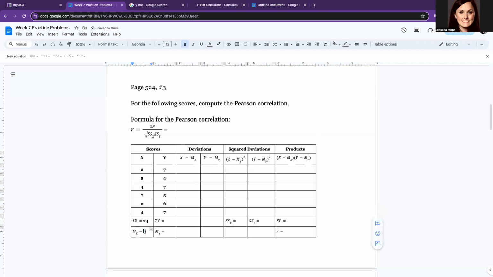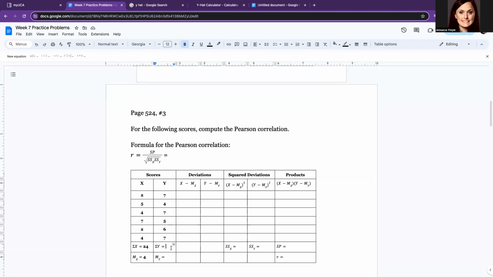The mean of x, or mx, is going to be 24 divided by however many scores there are, which is 6. So 24 divided by 6 is 4. Sum of y is going to be 7 and 4 is 11, plus 7 is 18, 23, 29, 36. 36 divided by the number of scores, or 6, is 6.